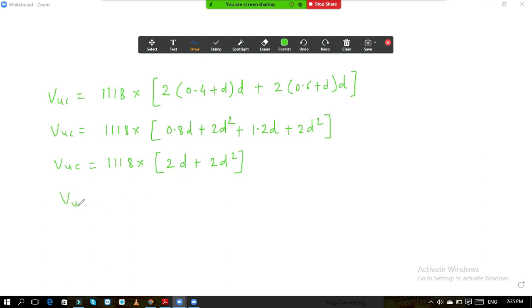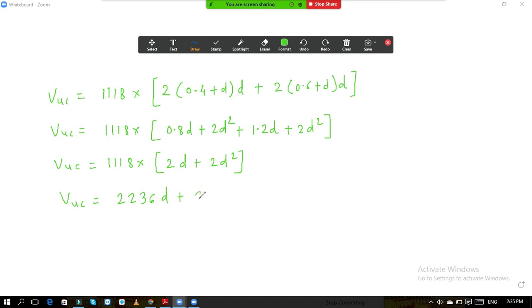So now finally VUC is equal to 118 into 2. So how much it is? 236 plus, again it is 118 into 2.